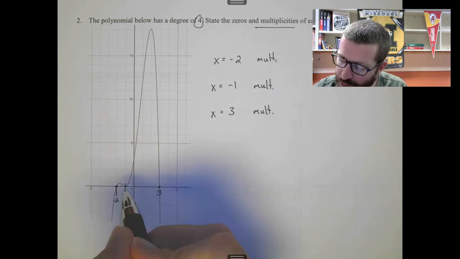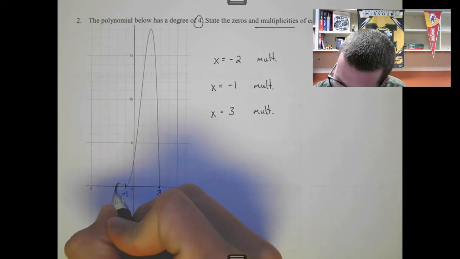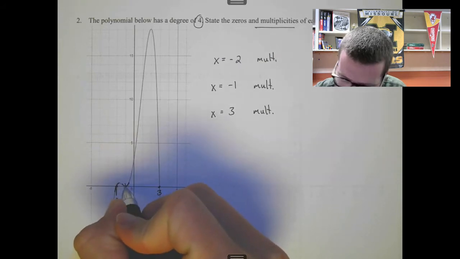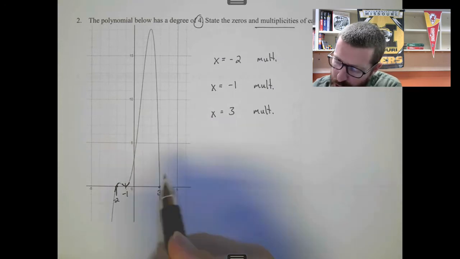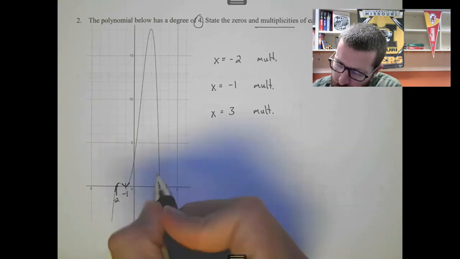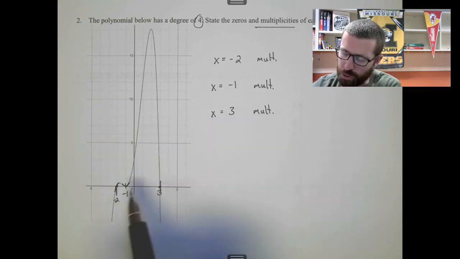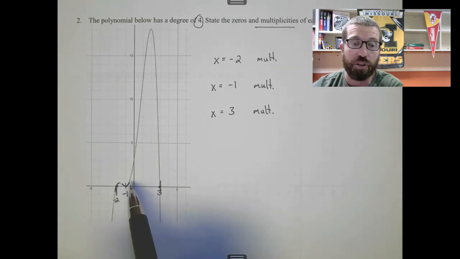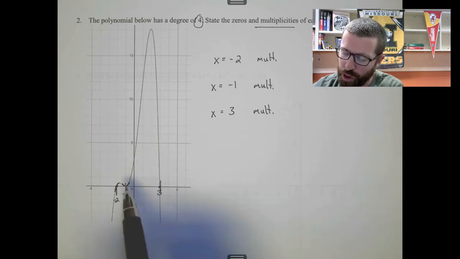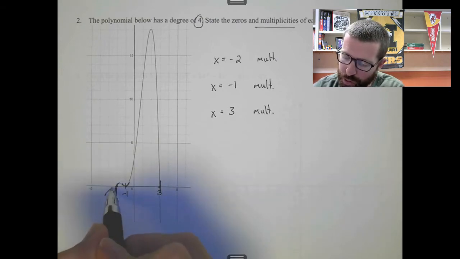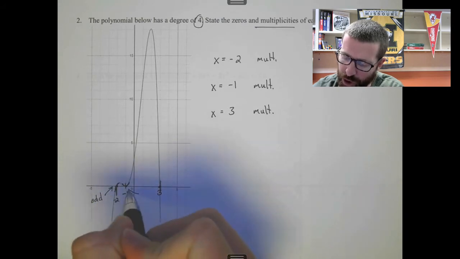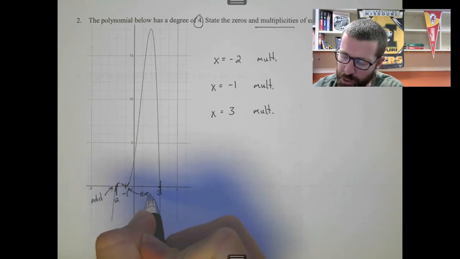As you look at the graph, notice that the graph goes through this zero, but it bounces off of this zero, and the graph goes through this zero. So you've got to recognize the difference between going through a zero and bouncing off the axis. If it goes through, then it's going to be an odd multiplicity. If it bounces off, then the multiplicity has to be even.